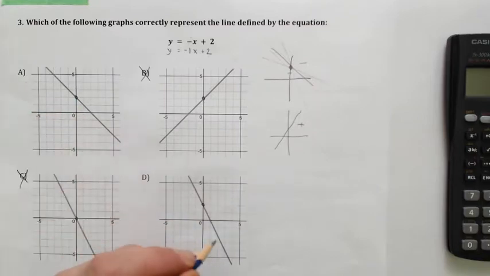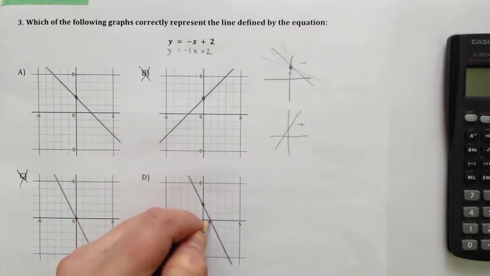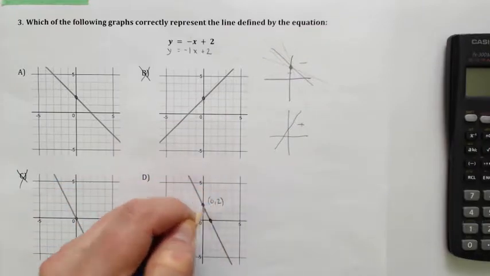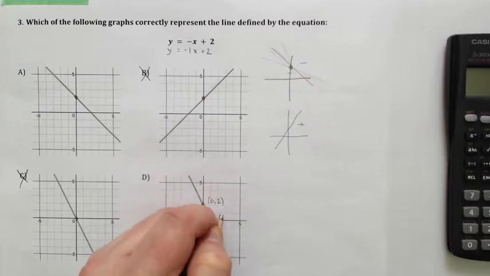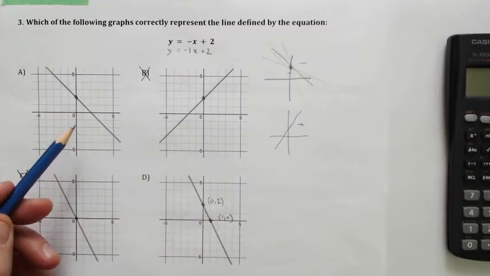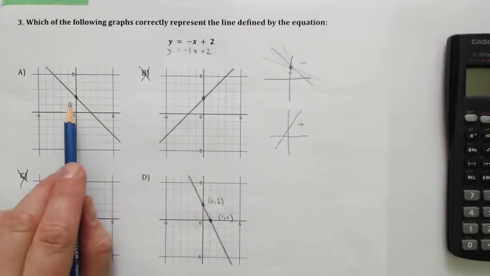So I need a second point, and I can pick any point I want on this graph as long as it's nice and neat. I'll pick this point right there. I know that that's 0, 2, and right over here, that's the point 1, 0. And so when I plug these numbers into the A equation, if I get negative 1 for my slope, I'll know that's my answer, and then that one must be wrong. But if I don't get the right answer here, then that means this guy must be the right answer.